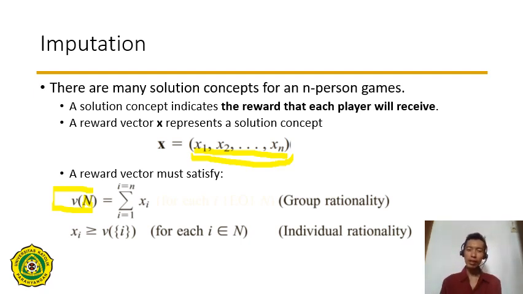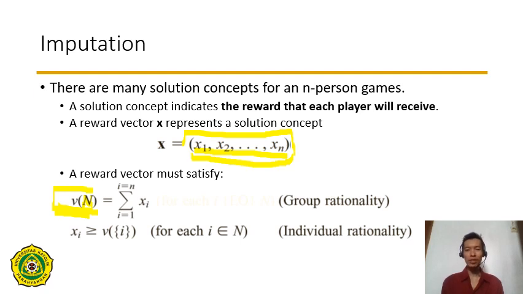If the sum of these rewards is greater than the characteristic function of the grand coalition, then it's weird, right? Everybody already acts together and gets V(N). Now you say that you can give more money to the players. Where does the additional money come from?